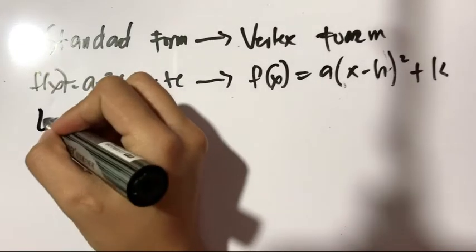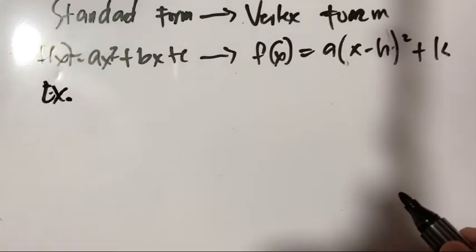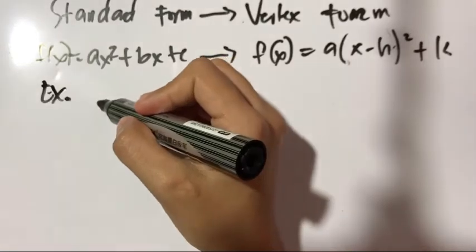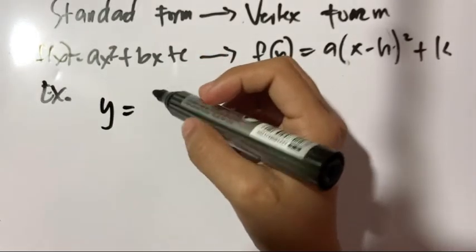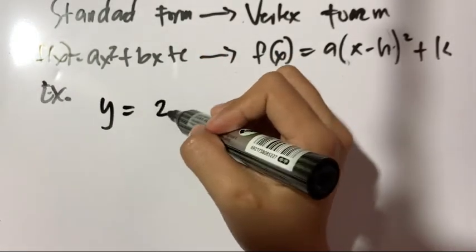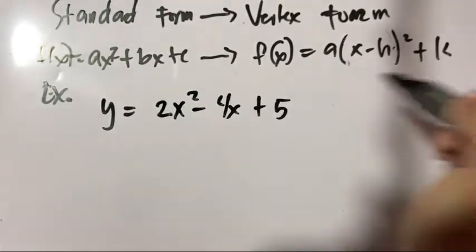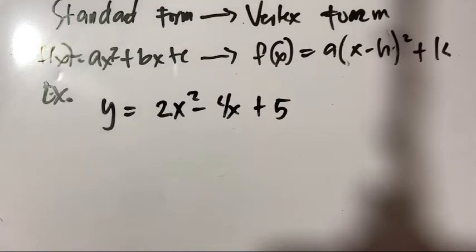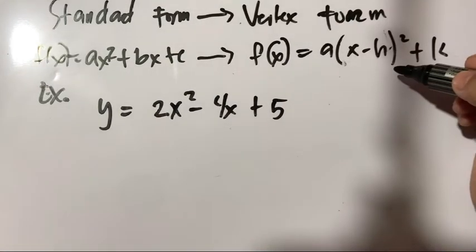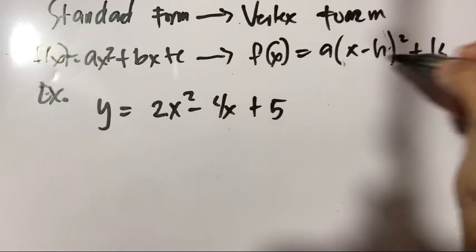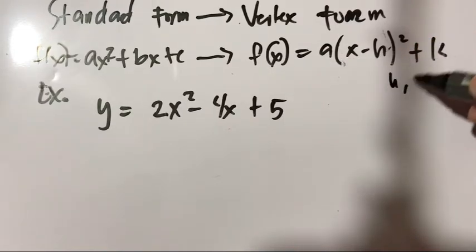Example. So for example, we have here the function y is equal to 2x squared minus 4x plus 5. So how are we going to convert that one into the vertex form? Now note that one of the key components of the vertex form are the points h and k.